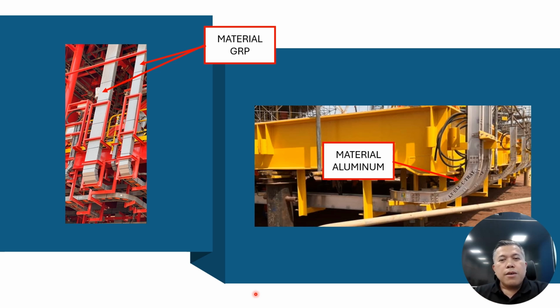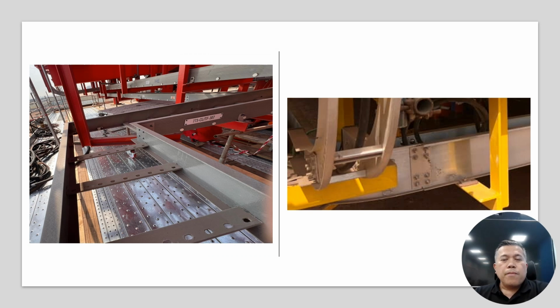But if you are installing aluminum, some put bonding, some do not. It depends. You can read the specification and learn more information about the specification requirements. So how about here? As you can see, you can see the difference.